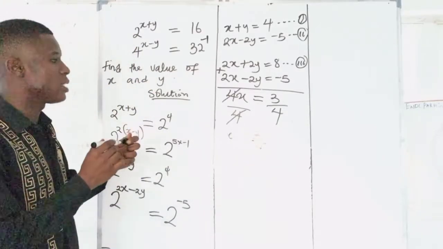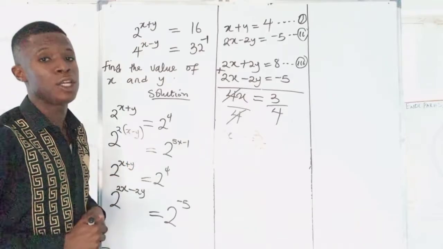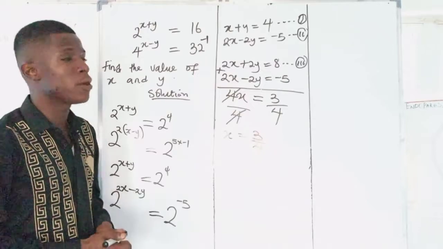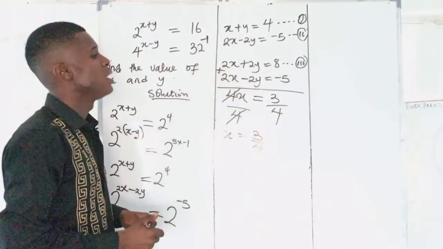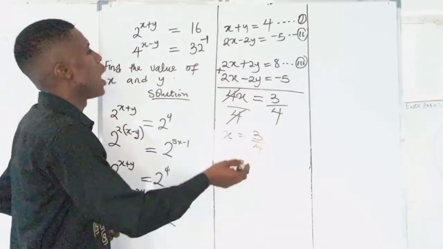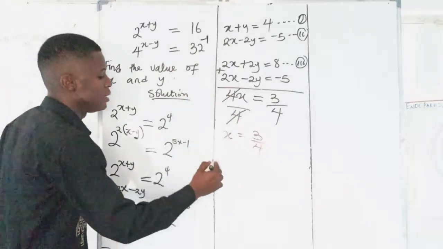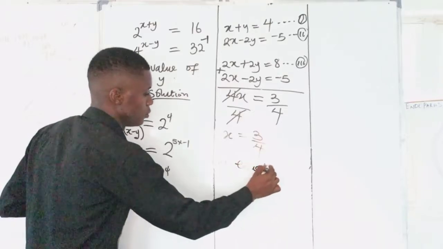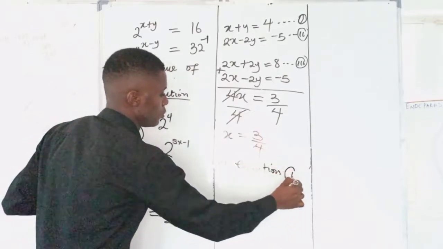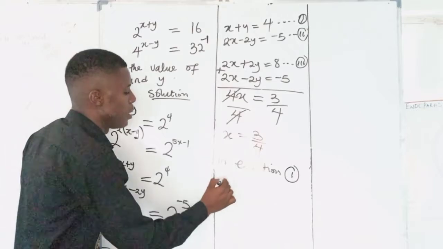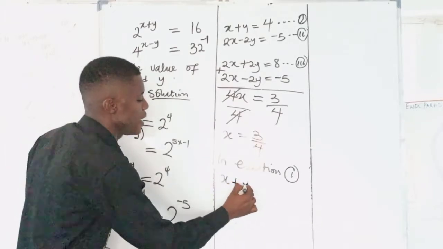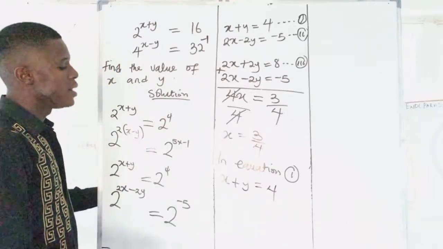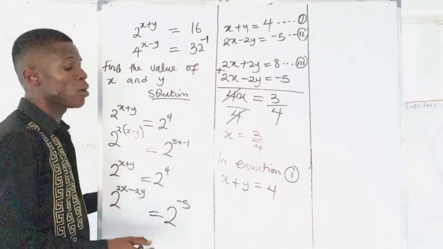Since my x is equal to 3 over 4, I can easily substitute the value of x equal to 3 over 4 in any of these derived equations. So I choose my equation 1, and you remember in my equation 1, my x plus y is equal to 4.